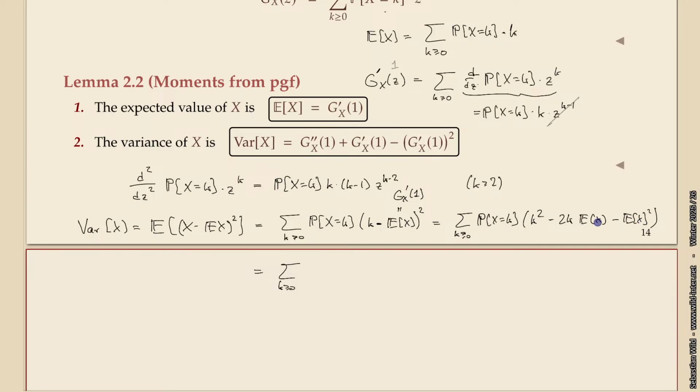This is a constant, so it can go outside. So here we have the k squared.